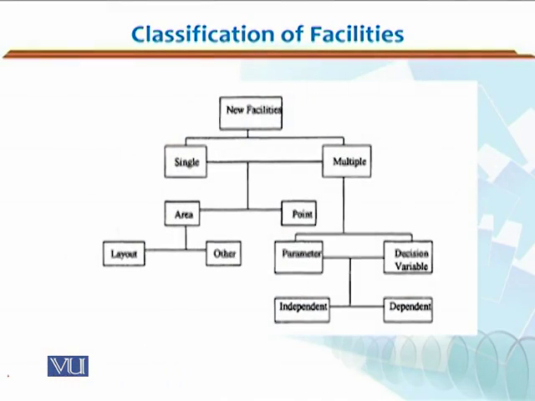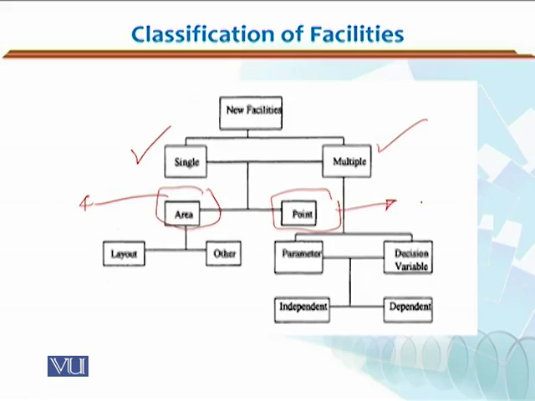Now, if you see this diagram, we have a new facility, which could either be a single facility or a multiple one. At the detailed level, it would be viewed as an area. At the macro level, it would be viewed as a point.